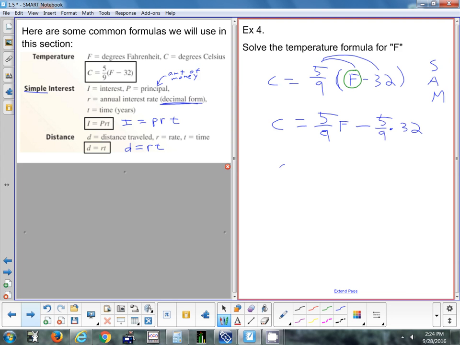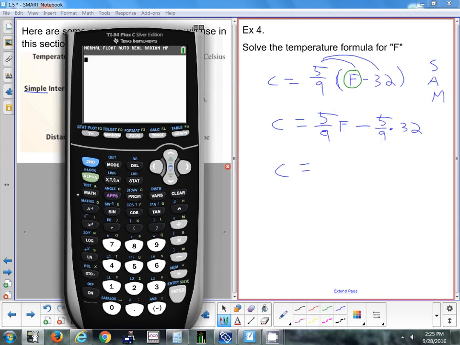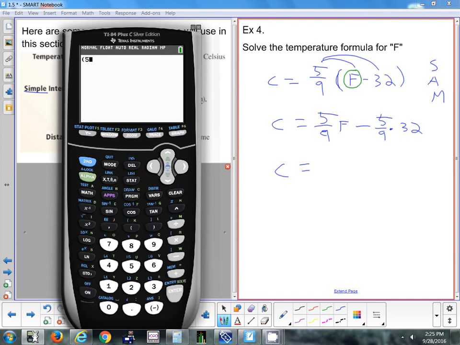All right, so I think what I want to do at this point is let's multiply 5/9 times 32. Okay, just so we don't have to keep looking at that. So on my calculator, I'm going to type 5/9 times 32.